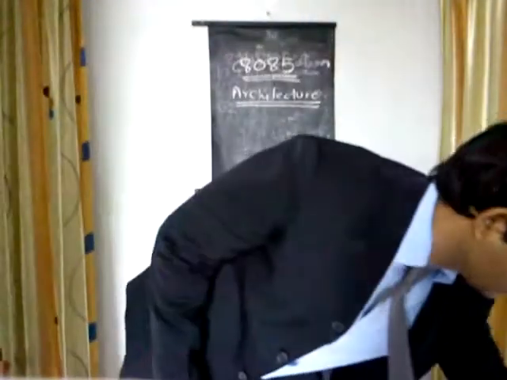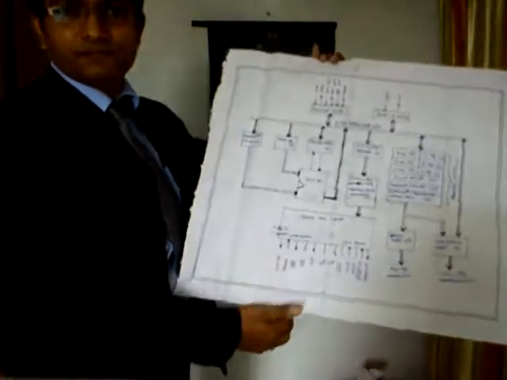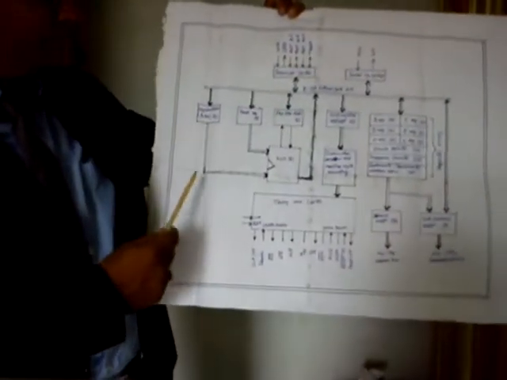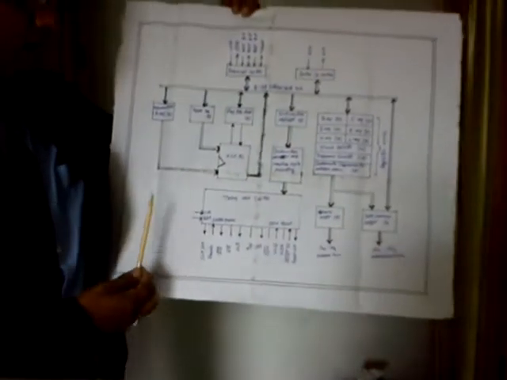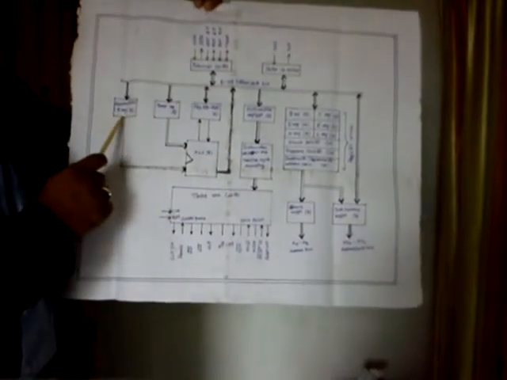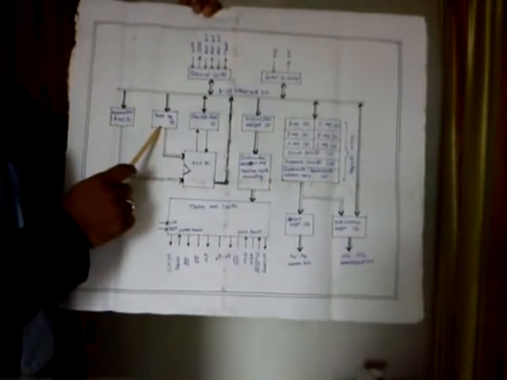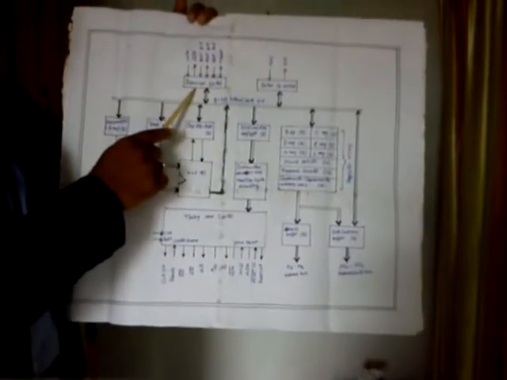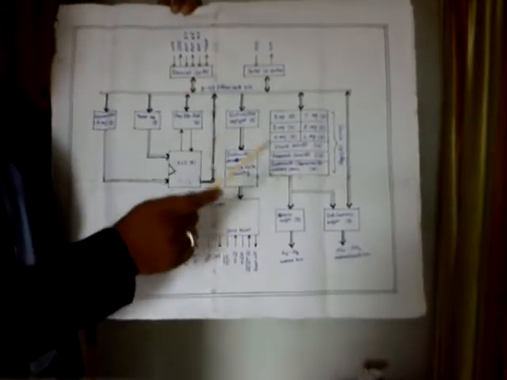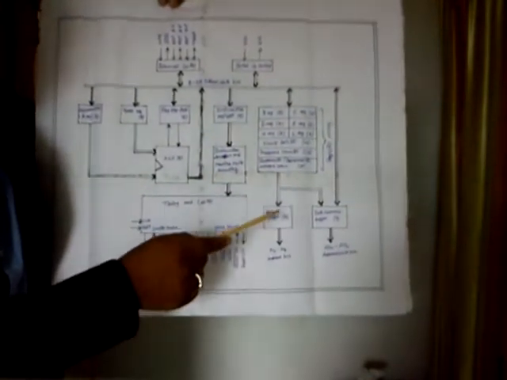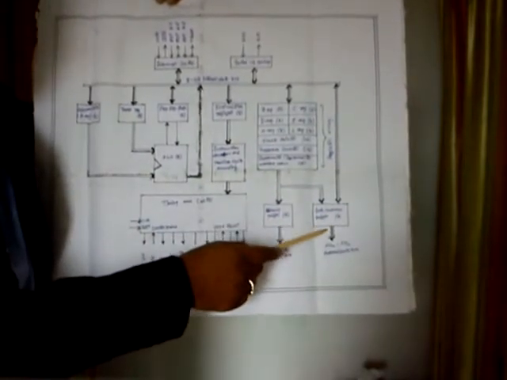So I have the architecture of 8085 drawn on this board here. So this is the architecture of 8085. 8085 consists of ALU, arithmetic logic unit, an accumulator, temporary register, flag flip-flops, interrupt controller, instruction register, an instruction decoder, timing and control block, address buffer, data and address buffer.